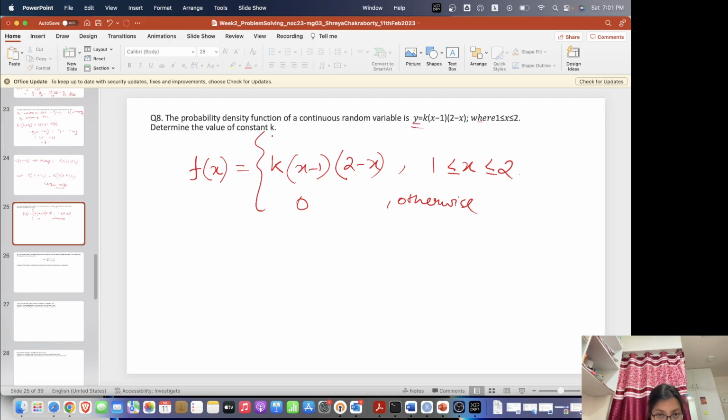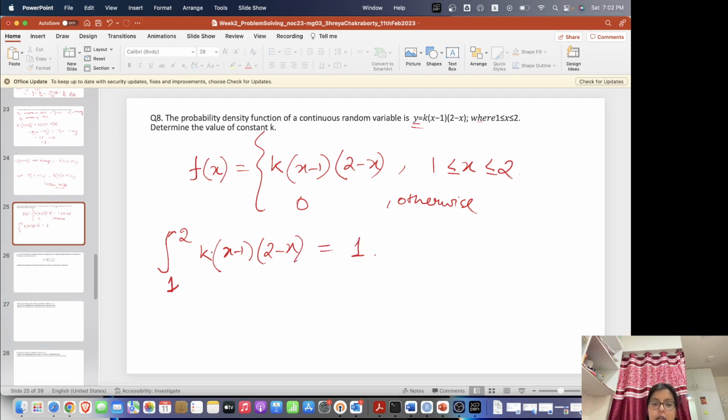Ma'am, we can integrate the fx value. Yes, exactly, that is what we are going to do. So we'll just take the value range of x where this function takes some functional form, that is 1 to 2, k into (x minus 1)(2 minus x) dx, this should be equal to 1.